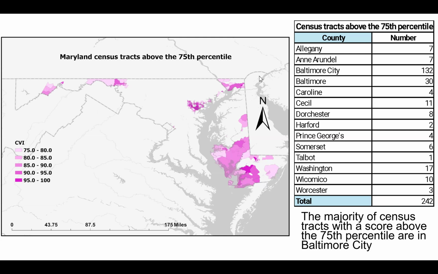What about where those census tracts with greater than 75 percentile are in Maryland? As you can see, the majority are in Baltimore City and Somerset County and the eastern part of the county.